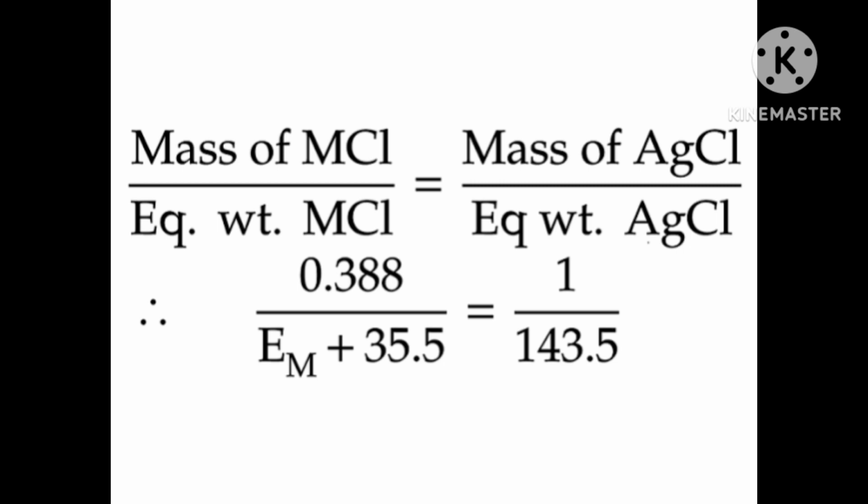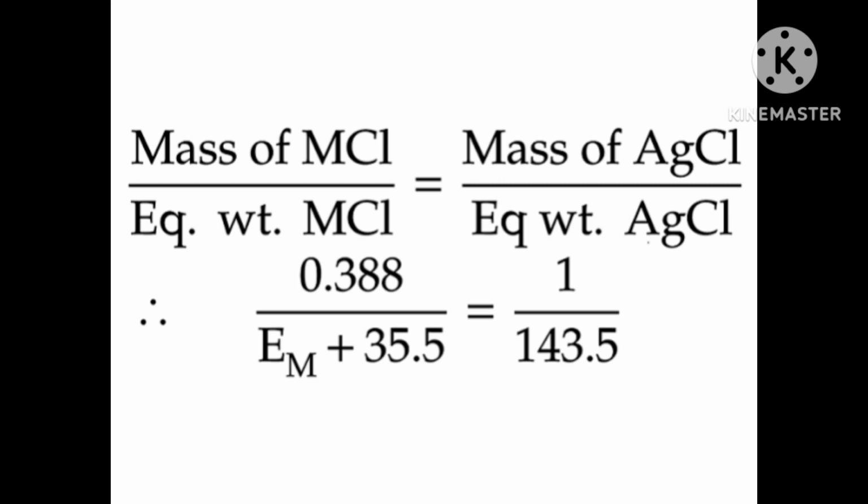Hence, equivalent weight of an acid is the weight of the acid which is neutralized by 1000 cc of 1N base solution, which contains 1 gram equivalent of the base. Again, listen: this method is based on the fact that acids and bases react in equivalent amounts.